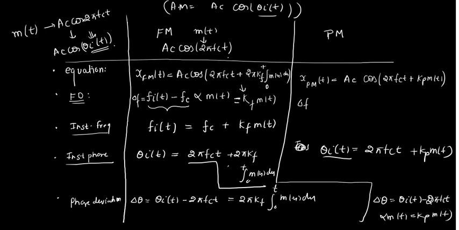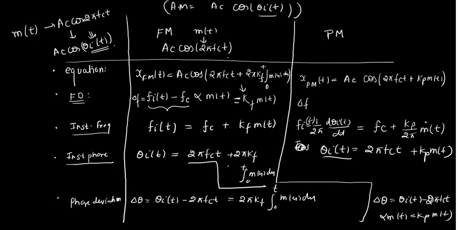So, what is the frequency deviation, or what is the instantaneous frequency for this? We know that instantaneous frequency is nothing but 1 upon 2 pi d theta i by dt. So, the instantaneous frequency for the PM signal is fc plus Kp by 2 pi m dot t.